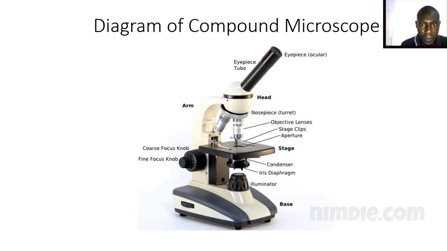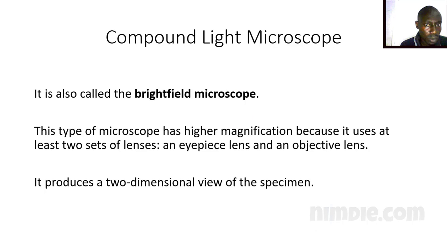We shall come to the parts shortly. A compound microscope is also called the bright field microscope. It has higher magnification because it uses at least two sets of lenses, an eyepiece lens and an objective lens. It also produces a two-dimensional view of the specimen.